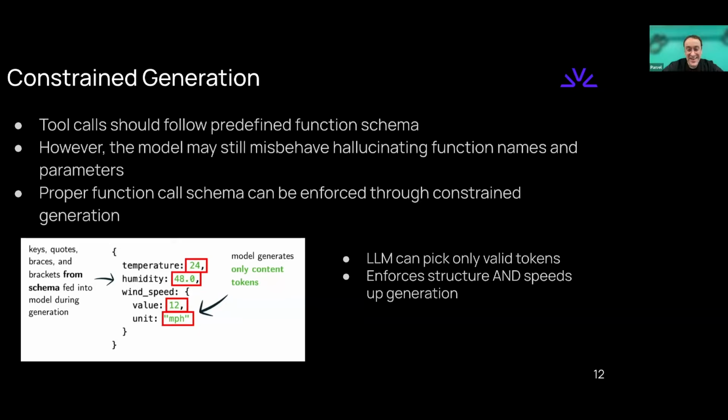I agree. The grammar gives you the ability to reduce hallucinations, many times even eliminate them, but it also speeds up the generation. The reason it can speed up generation is, for instance in this example, we have one field called temperature. We know this function takes only one parameter named temperature.